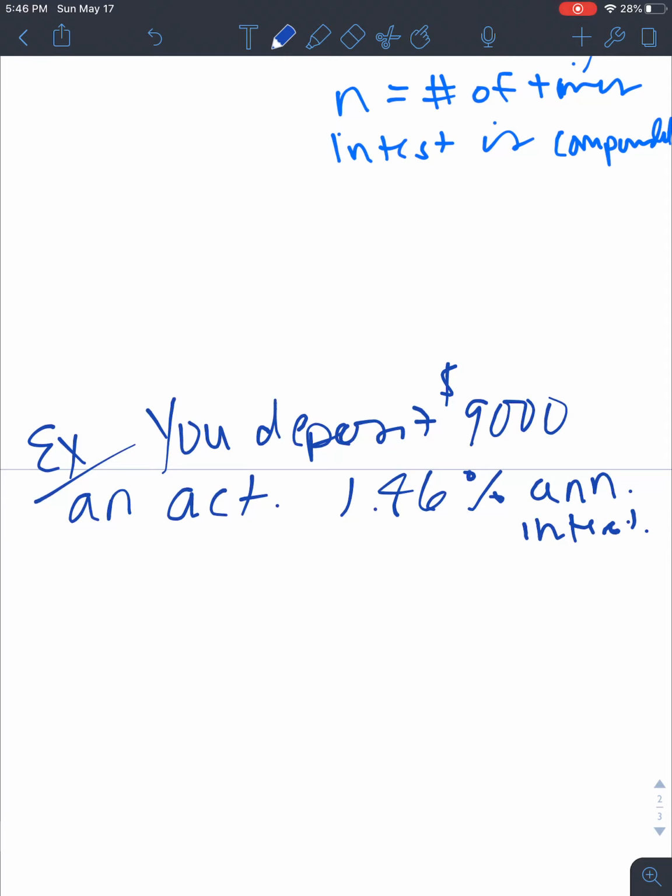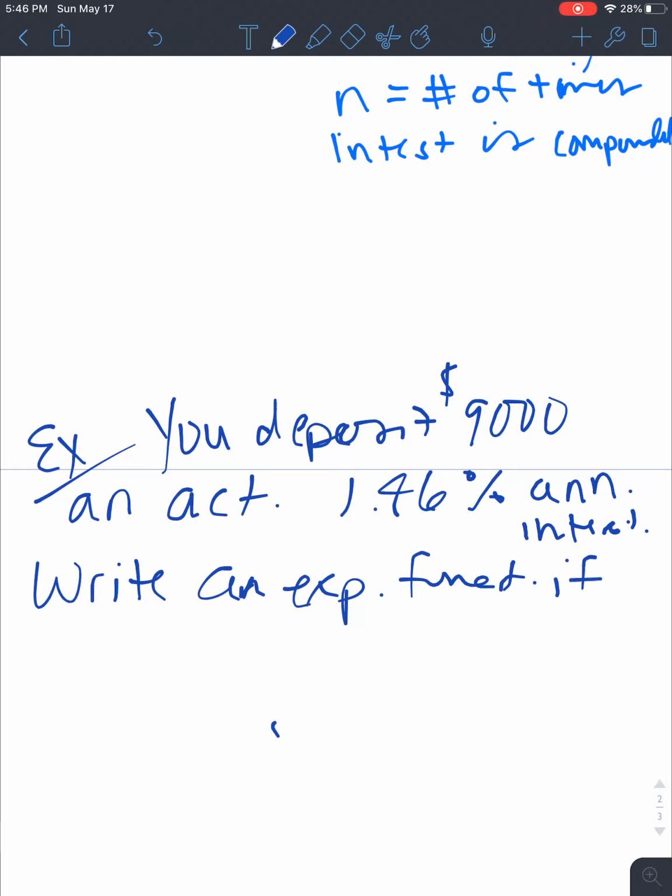What I'm trying to get y'all to do in this example is to write an exponential function to model this scenario if interest is compounded quarterly.